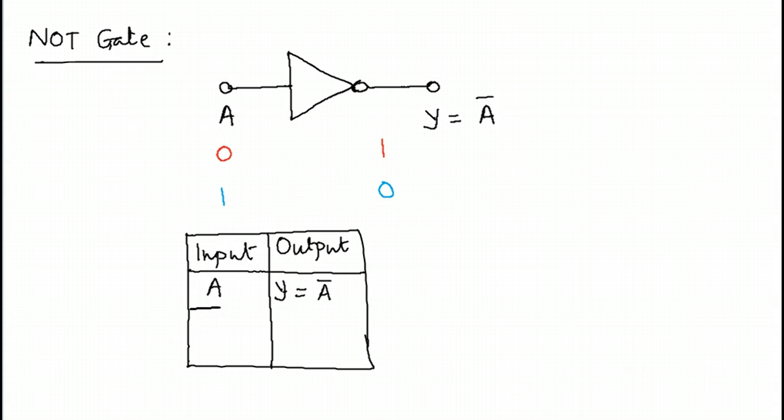Now how many rows will the truth table have? Obviously it will have only two rows, one for A equal to 0, the other for A equal to 1, and when A is equal to 0, A bar is equal to 1. When A is equal to 1, A bar is equal to 0. So that, in short, is how a NOT gate operates.